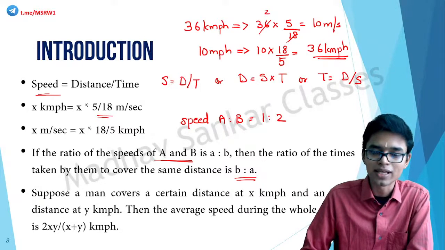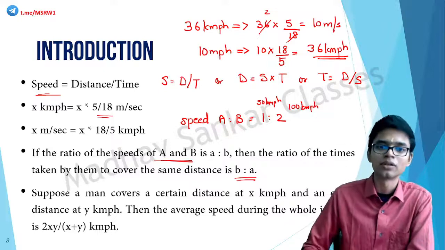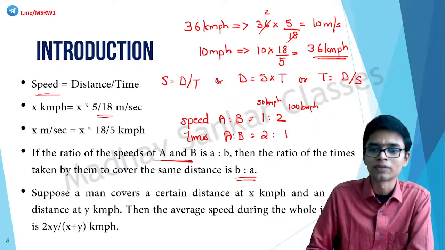That is, say A is traveling at 50 kilometers per hour, and that means B is traveling at 100 kilometers per hour. 1:2. Then the ratio of their times would be 2:1.